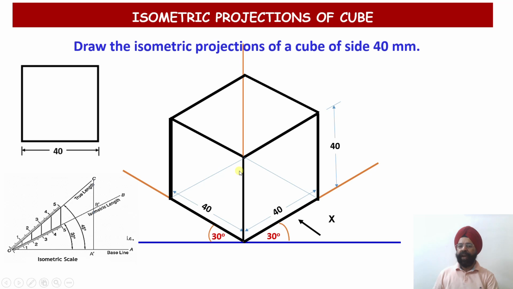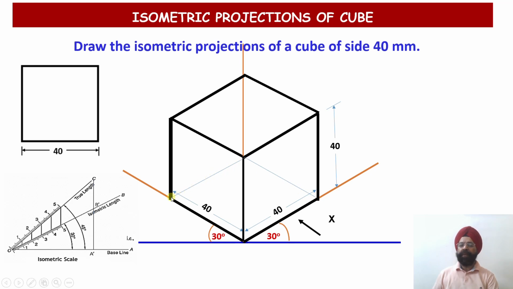But in the final construction, you see these edges are not visible. And another thing, we know that in isometric projections there are no hidden lines. So the hidden lines are not shown. Whatever edges are not visible will be shown either with the help of light construction lines, and they will not be joined over there.